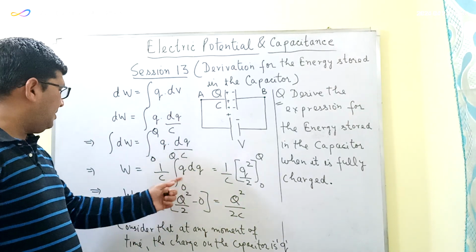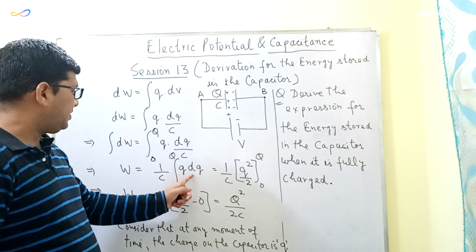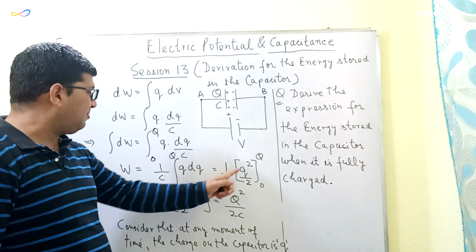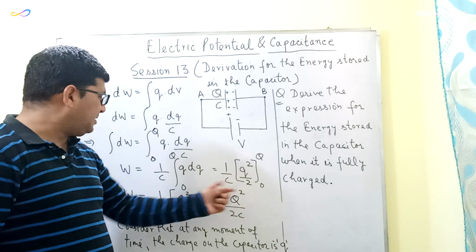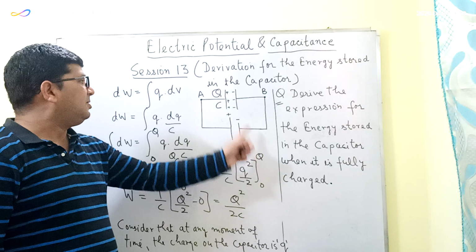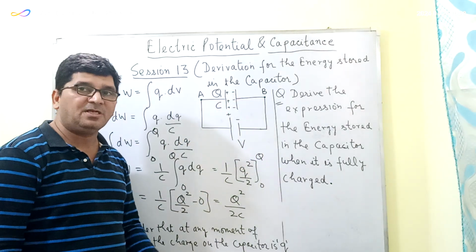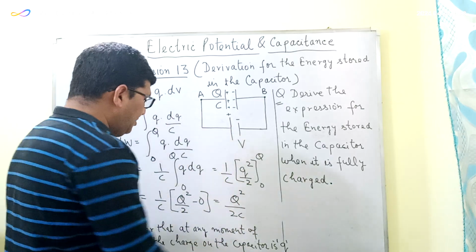So the total work done will be equal to 1 by C times the integration of Q dq. The integration of Q dq will be equal to Q square upon 2, and the limits are from 0 to capital Q, where this Q is the total amount of charge which has accumulated on the plates of this capacitor when it is fully charged.